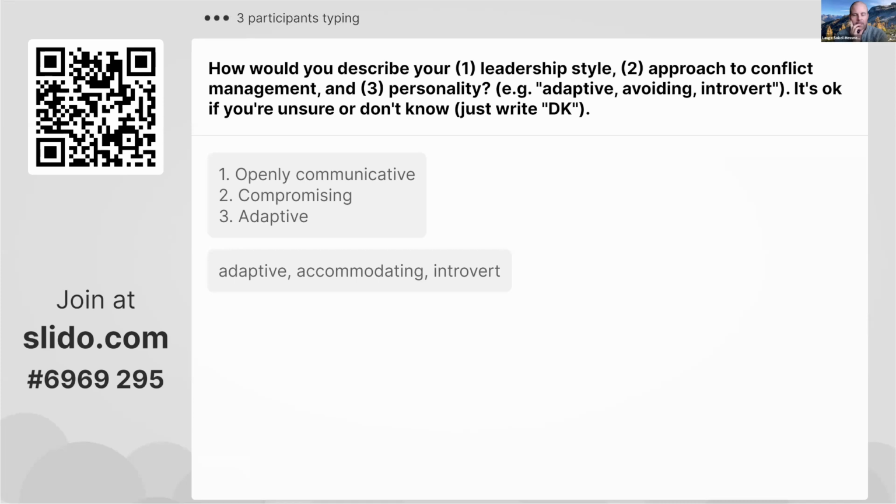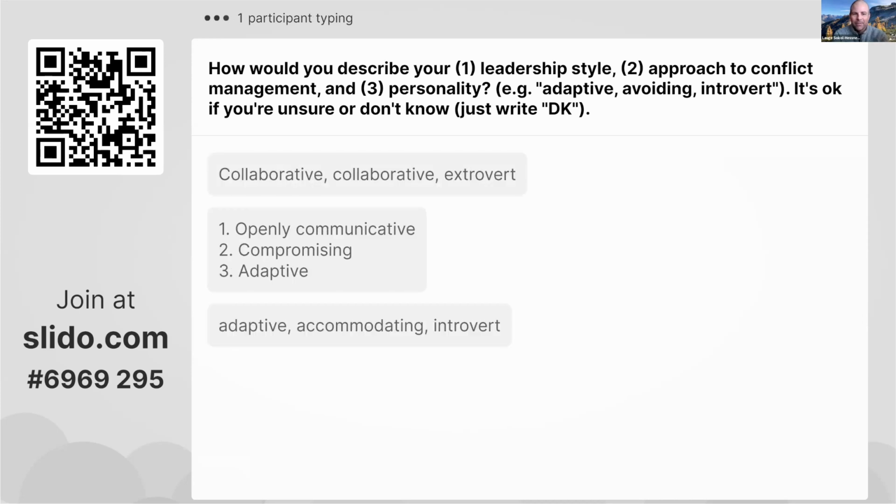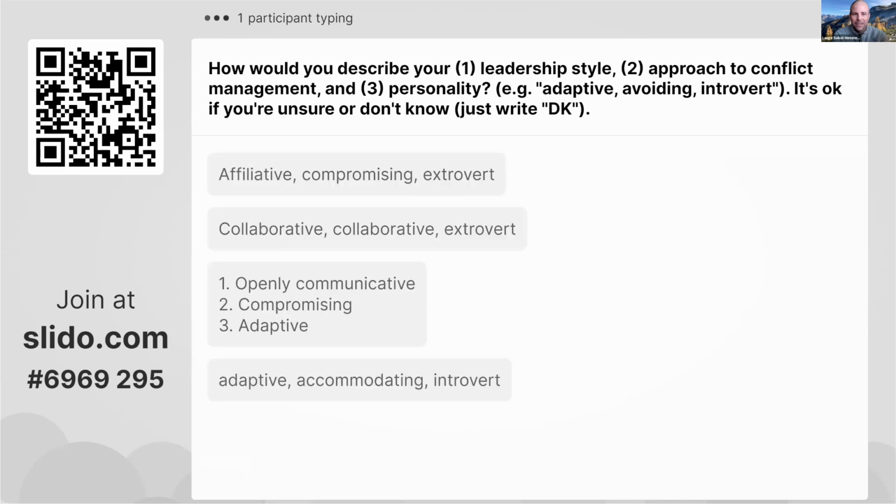Great. Nice. That's great. I expect we're going to see a diversity of where people are with things, which is good. Collaborative, extrovert. Excellent. Affiliative, compromising, extrovert. Nice. That's great. A couple more people typing.